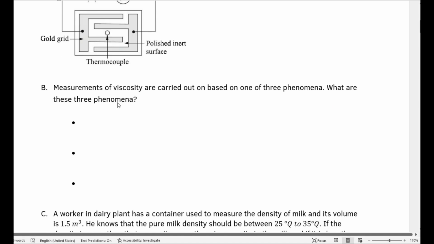Now for this question, measurement of viscosity is carried out based on three phenomena. What are these three phenomena? They have been given to my student. There are three phenomena mentioned or explained in these sources to measure the viscosity.